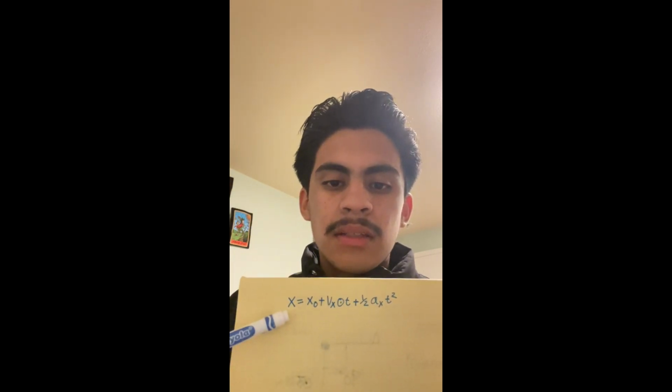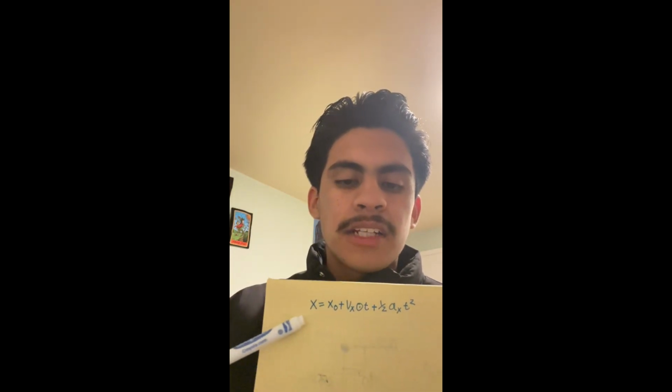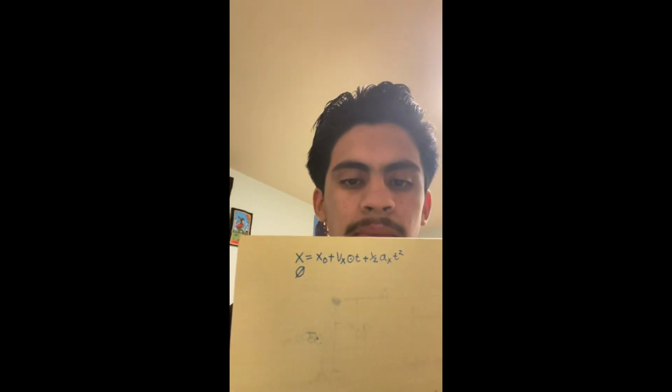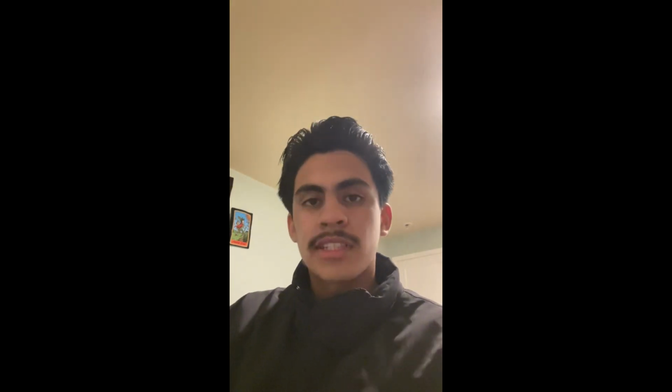So similarly, we can use the same equation, but we have to change it in terms of angles. And to do that, we use theta as our angle position. And then v is also going to be change in theta over time, but this is known as omega.